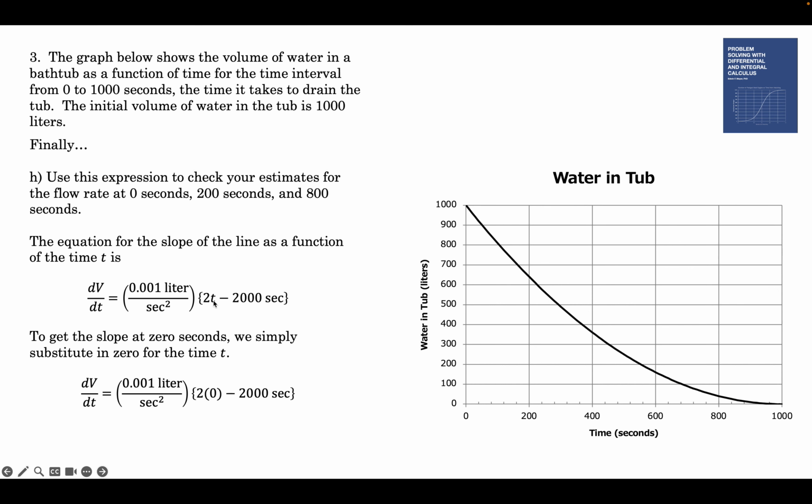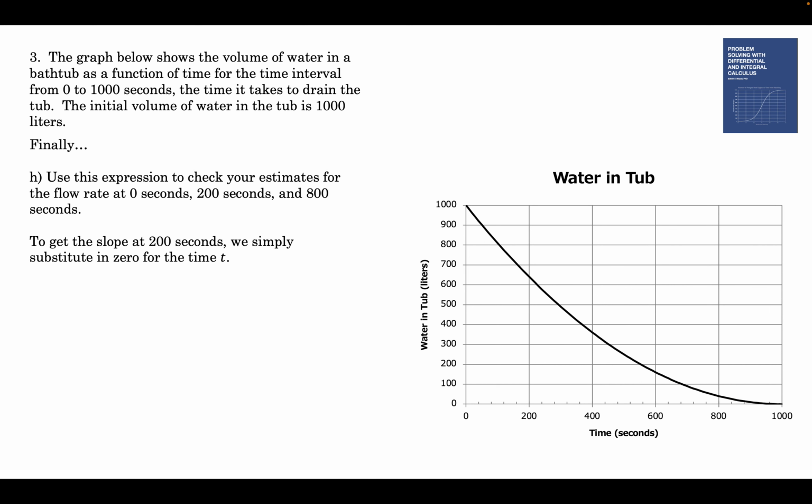We stick in 0, and we get minus 2,000 seconds times 1,000th of a liter per second squared. Minus 2 liters per second. And if you remember, that was the initial slope we got. The drain rate in the beginning with the tangent line, we estimated it to be negative 2 liters per second.